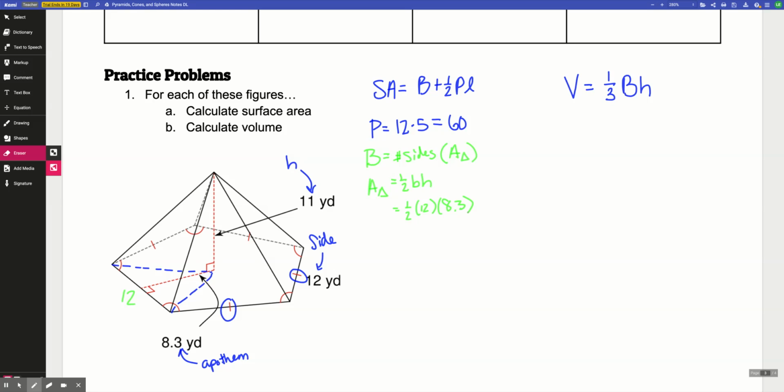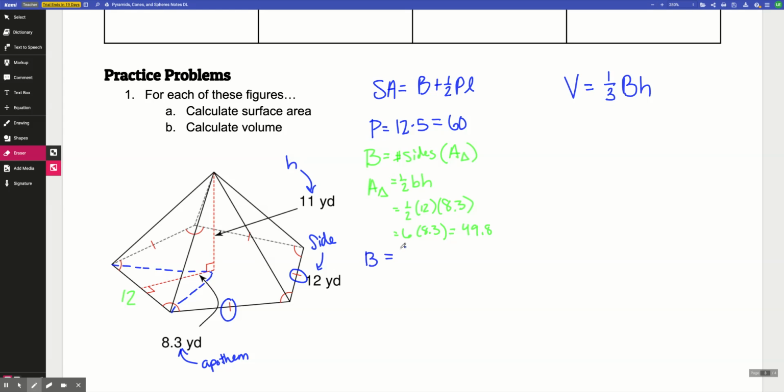Okay, so in my calculator, what I'm going to do is, okay, 1/2 of 12 is 6. So 6 times 8.3. I'm going to plug that into a calculator because honestly, I don't really want to do it in my head. Okay, and I get 49.8. Okay, so that means my base shape, I'm going to switch back here.